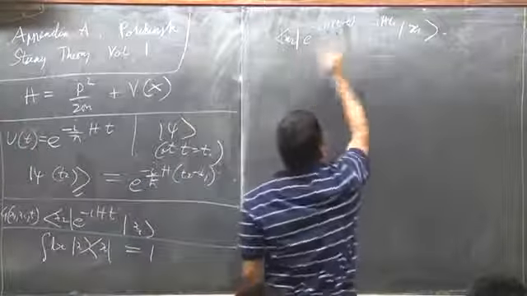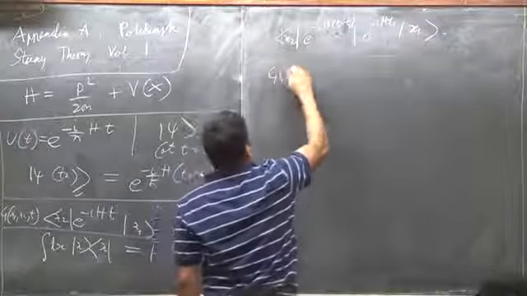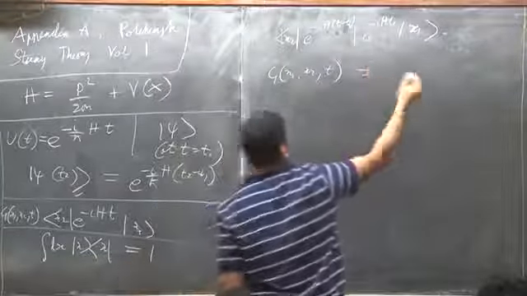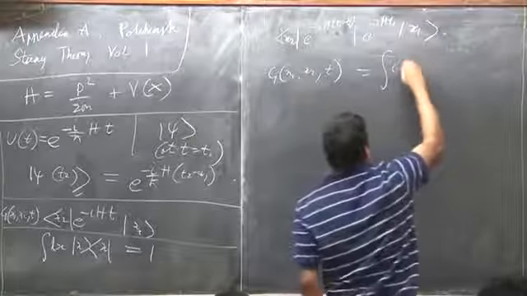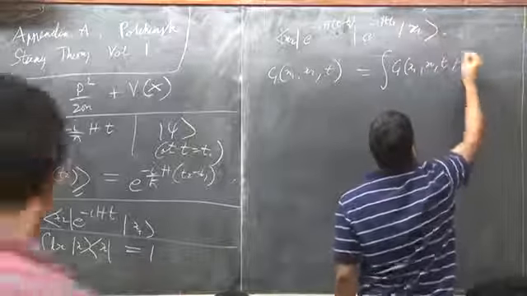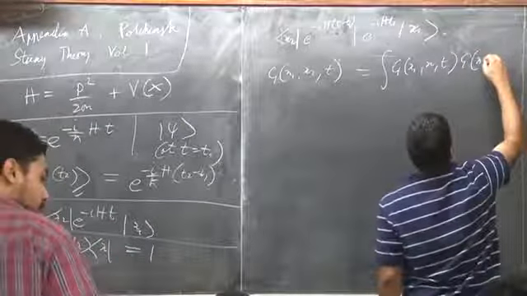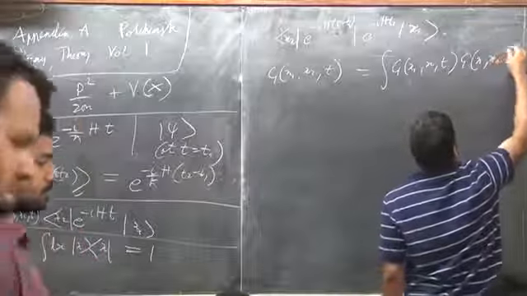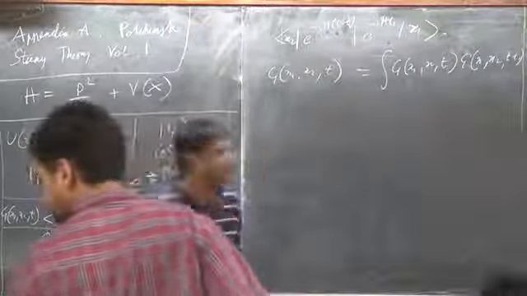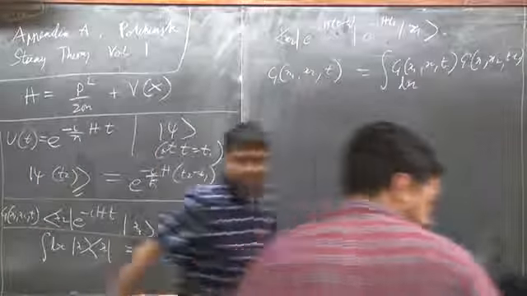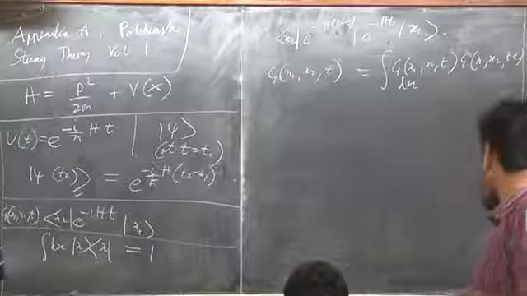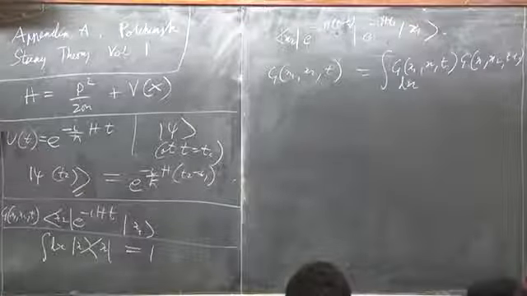Clearly, what we get by inserting our identity is that G of x1 to x2 in time t is equal to the integral over x of G of x1 to x in time t1, times G of x to x2 in time t minus t1. Is this clear to everyone? Okay.